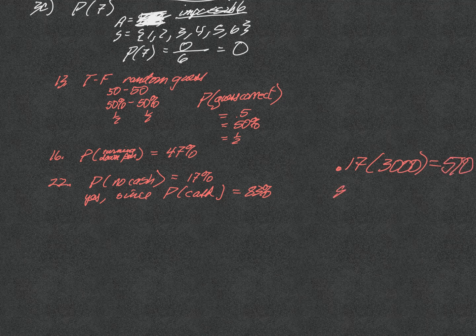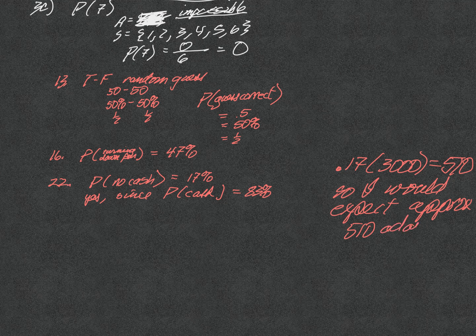So I would expect approximately 510 adults to not have cash. So you could actually move away from a probability statement to a numerical statement.